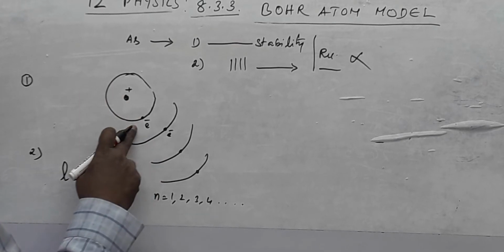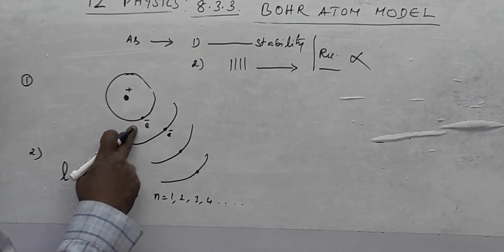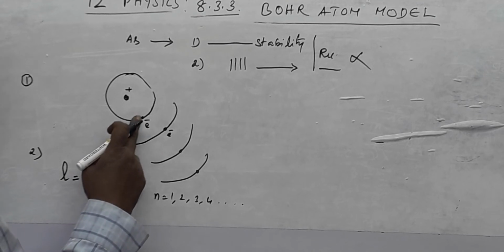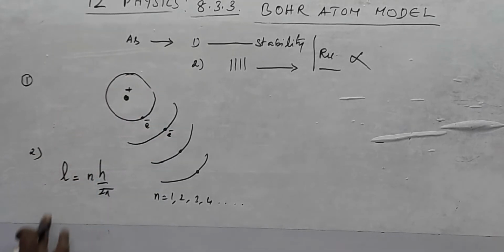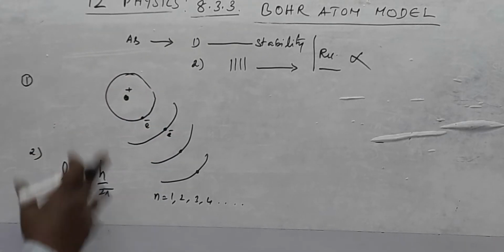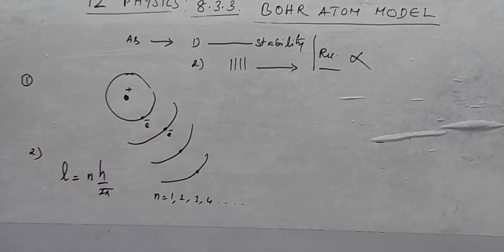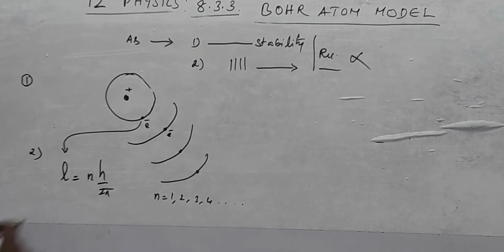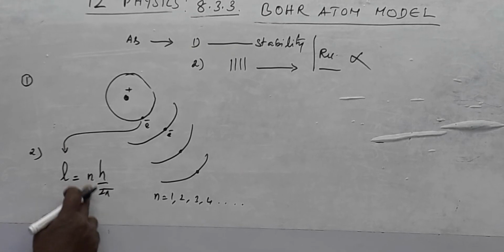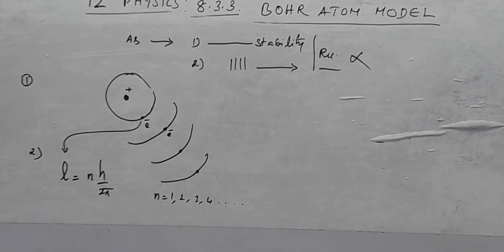Here there is no emission of radiation, so it continuously revolves around the nucleus in the orbit itself. There is no radiation, but the angular momentum equals multiple values of h by 2 pi. That's a very important concept.